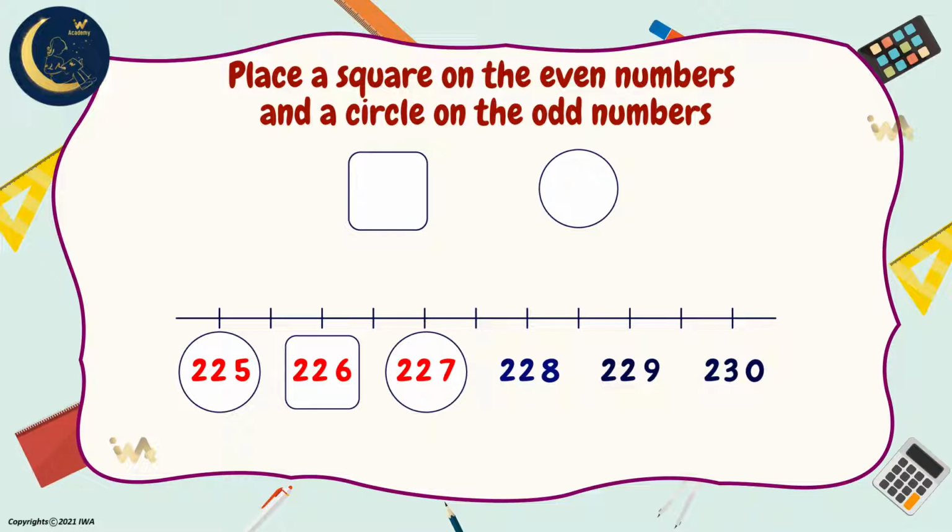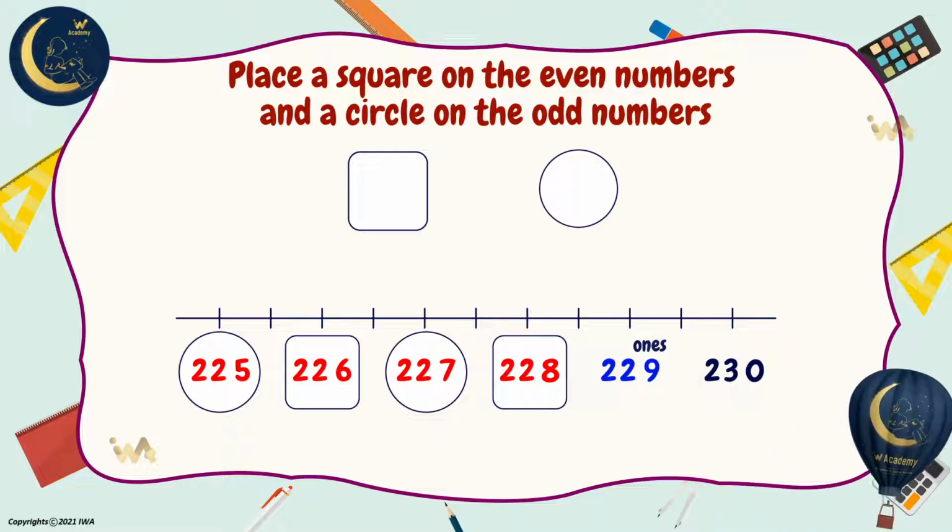The number 228, we will look at the ones place. It has number 8, which is an even number. So the number 228 is an even number, so we will put a square on it. The number 229, we will look at the ones place. It has number 9, which is an odd number.